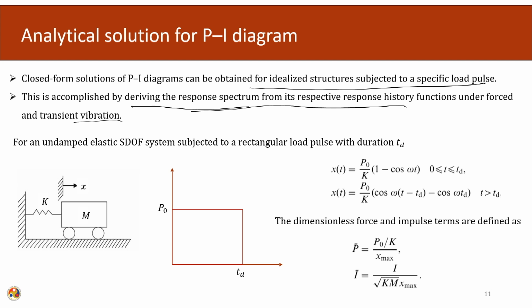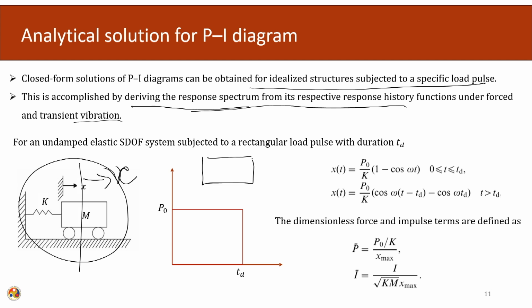Let us say that we have an undamped elastic single degree of freedom system subject to a rectangular load pulse with duration Td. If we have this system, and this is my chosen degree of freedom x, then we can draw the free body diagram. Using D'Alembert's principle, we have the inertia component, a fictitious force.